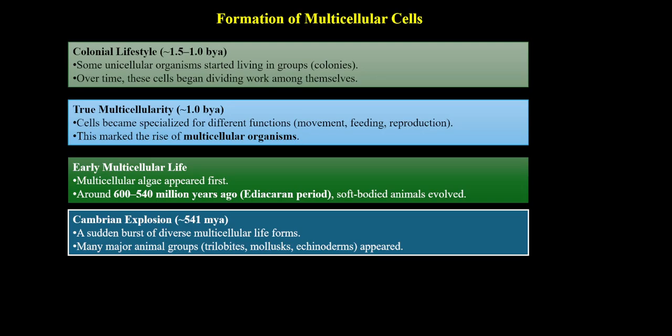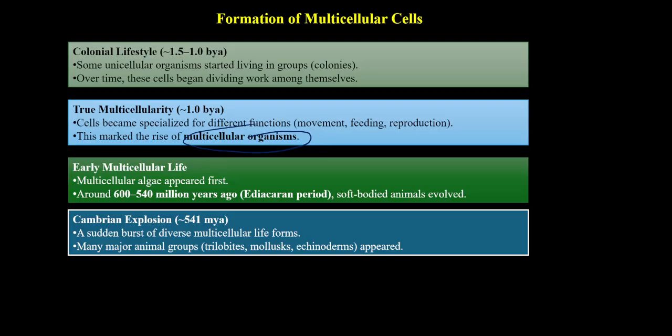Then cells became specialized for different functions like movement, feeding and reproduction. In multicellular organisms we know that there is a division of labor, and this particular thing marked the rise of the multicellular organism.